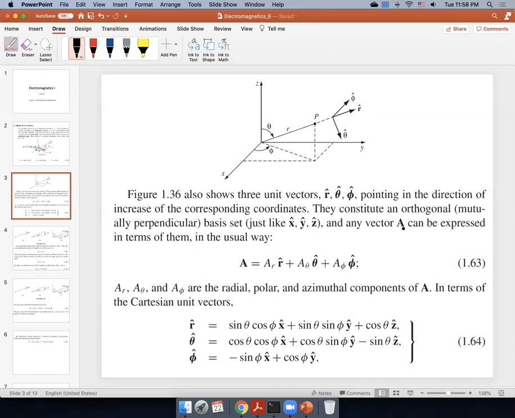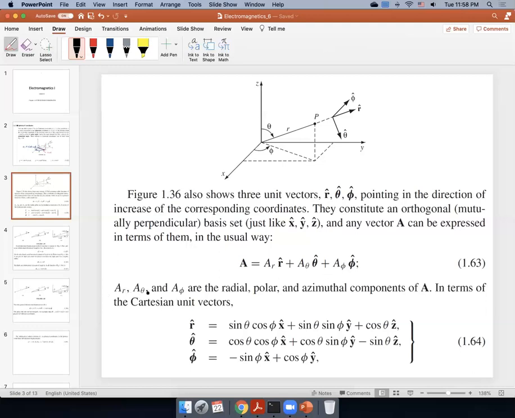And any vector A can be expressed in terms of them in the usual way. For example, if we have a vector from O to P, we define it as vector A. Then the vector A equals the magnitude A_r times the unit vector in the r direction, plus A theta in the theta direction, plus A phi in the phi direction.